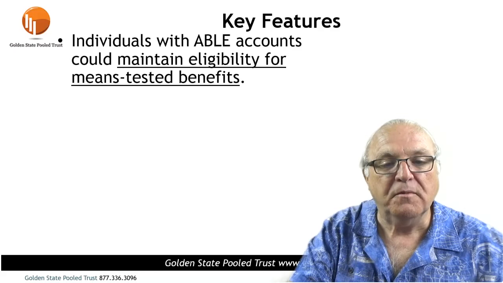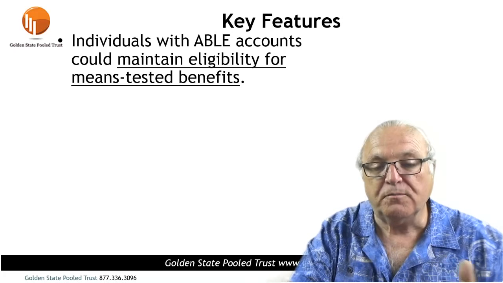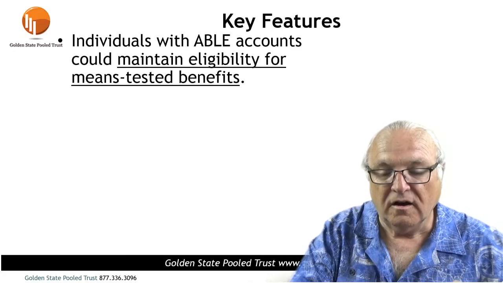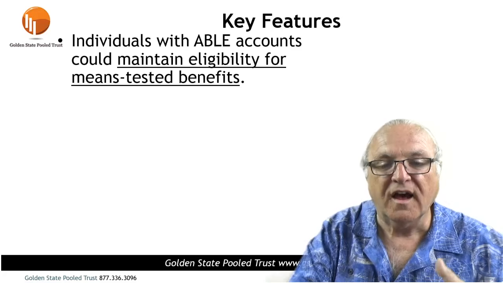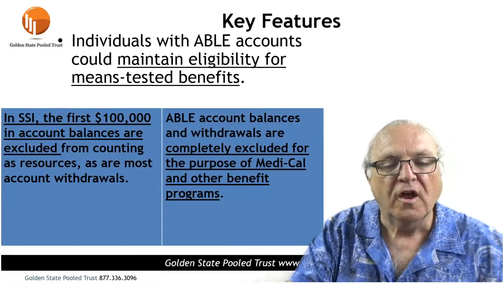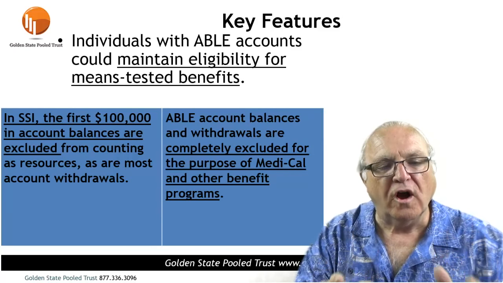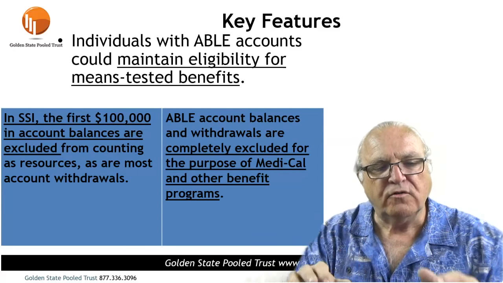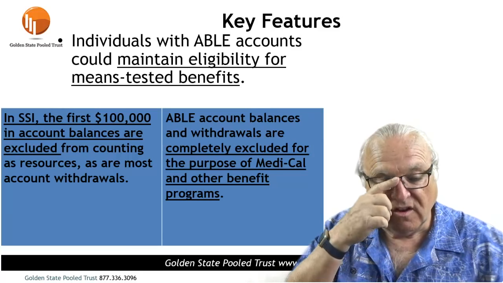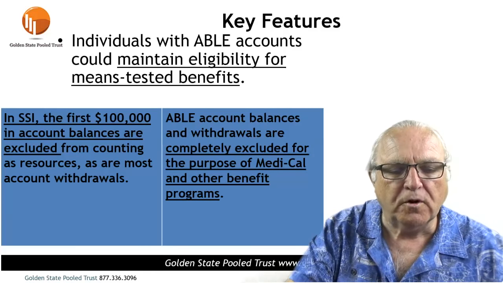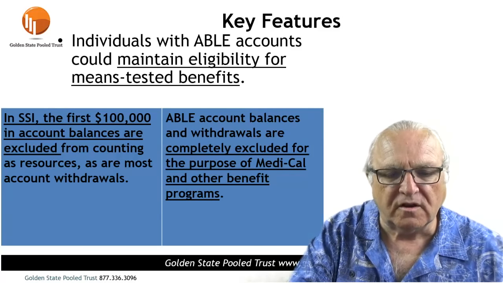Individuals with ABLE accounts can maintain eligibility for means-tested programs, that's SSI, IHSS, Medi-Cal for those of us that are Californians. But there's really two levels you have to deal with. The first one is as long as the account is $100,000 or less, it does not count for purposes of SSI eligibility.